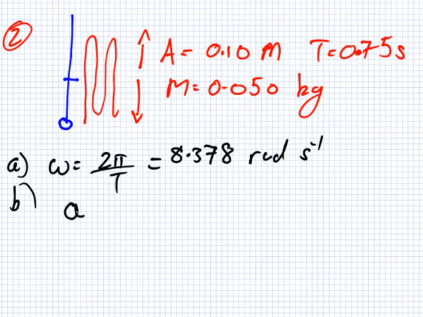Now, if I want to be really careful about my signs, we'll call this direction plus and this direction minus. We can, if you prefer to do it the other way around, that's fine.